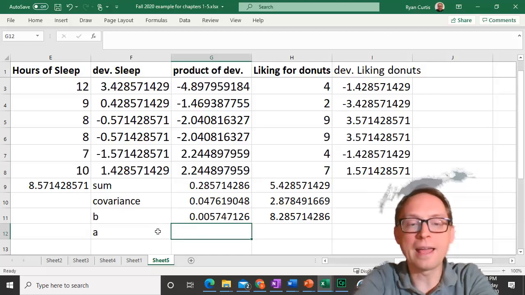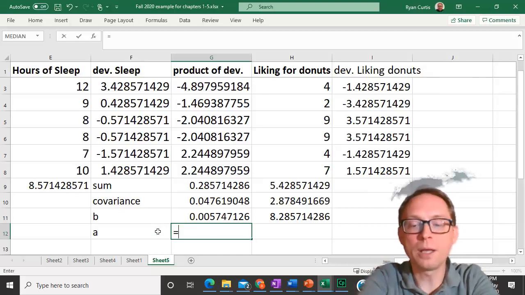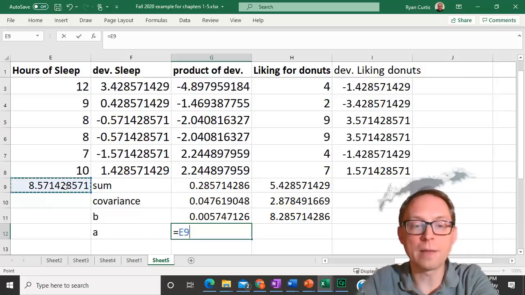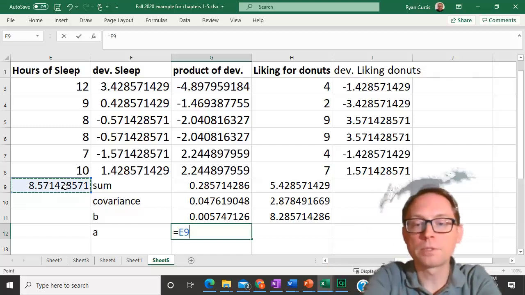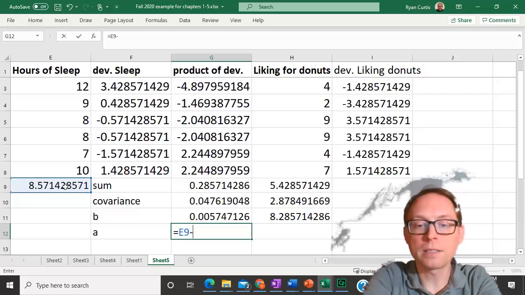What is our y-intercept? Well, that's going to be the mean of y. Remember, we want to predict the number of hours of sleep. So sleep is y in this particular case. So the mean of y is 8.57. That's the mean of y. Okay, it's the mean of y minus b times the mean of x.